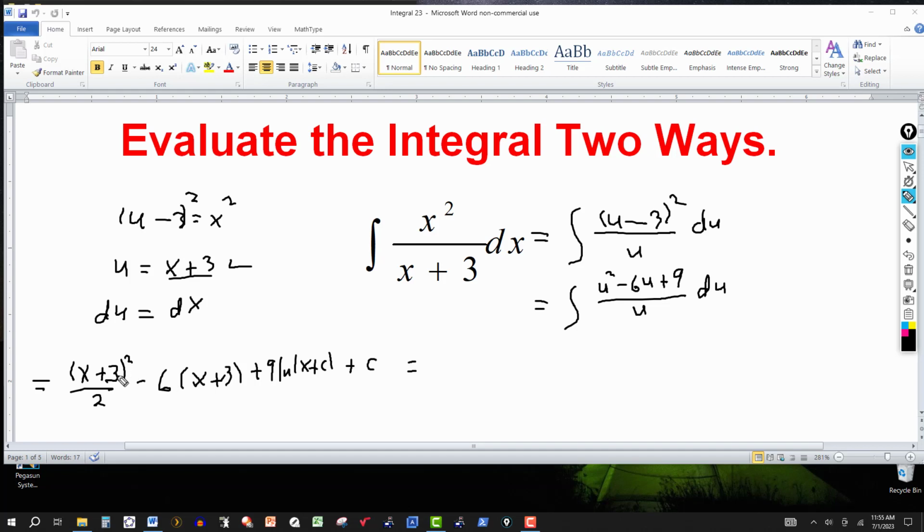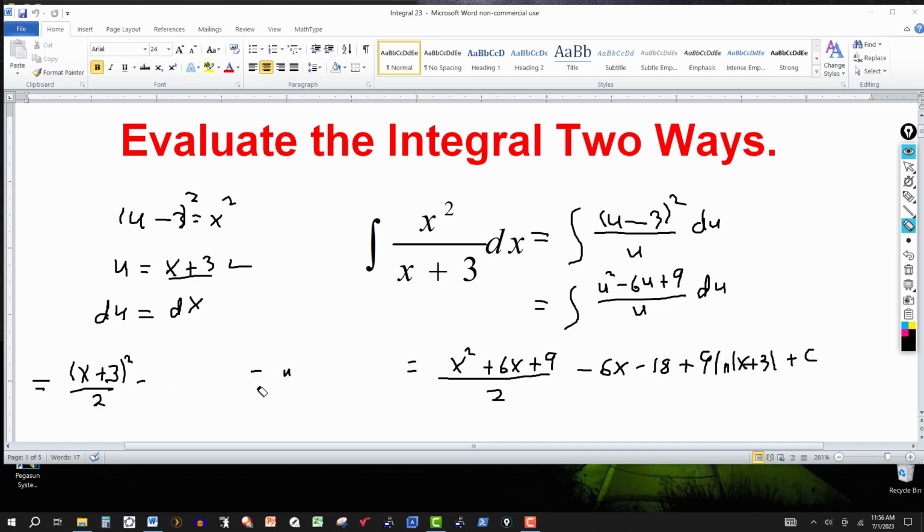And then we do the algebra here. x plus 3 quantity squared. That'll give me x squared plus 6x plus 9 over 2. And then on the next one, multiply by minus 6 here. Gives a minus 6x minus 18 plus 9 natural log of absolute x plus 3 plus the constant of integration. Now it's just a matter of simplifying this again.